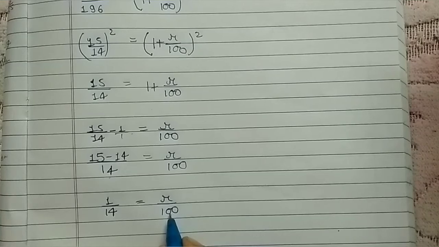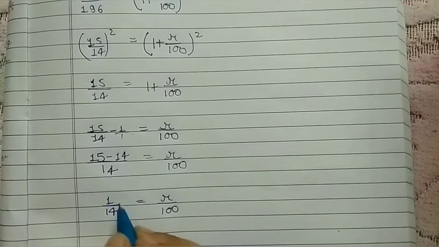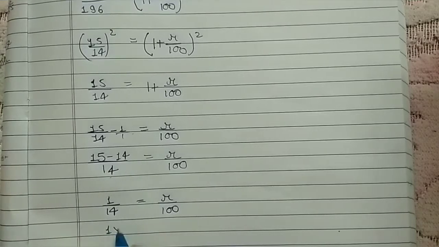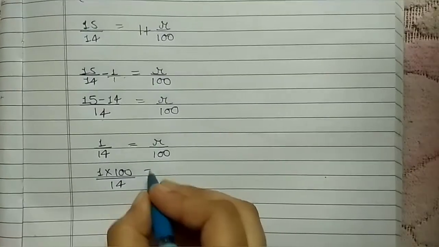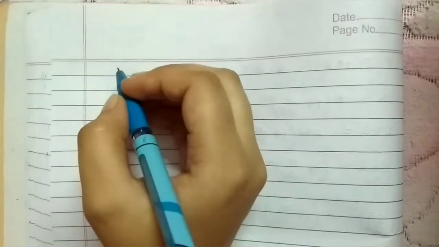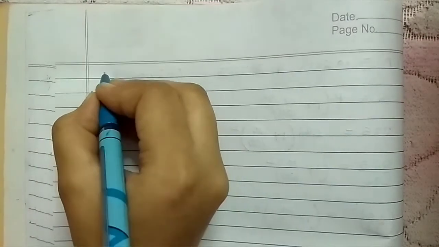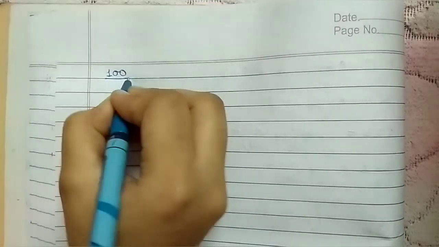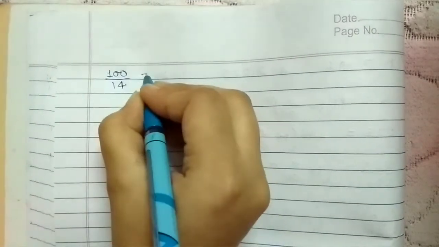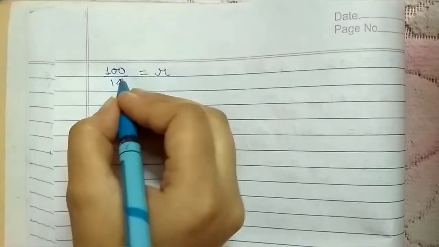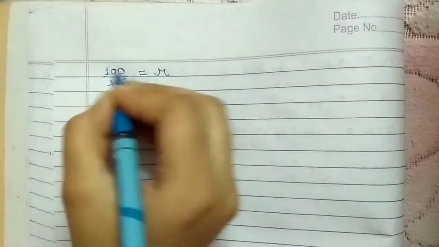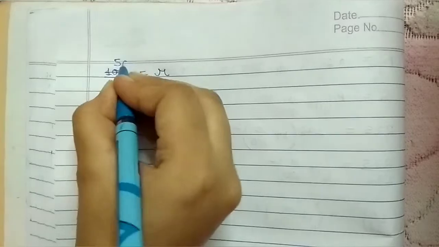Now here this 100 is in divide. It will go here and it will become multiply. 1 into 100 upon 14 equal to R. Now it will become 100 upon 14 equal to R. Now we will reduce them. 2 7s are 14, 2 50s are 100.